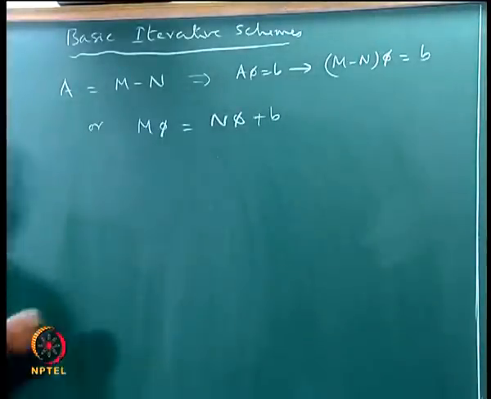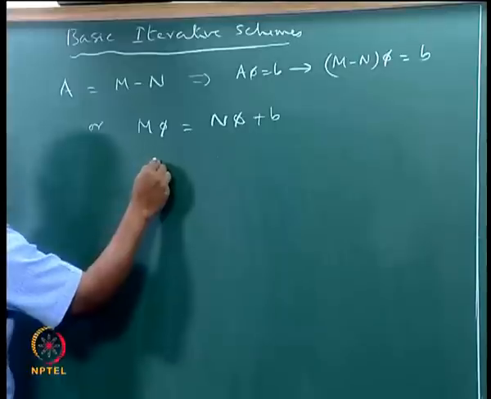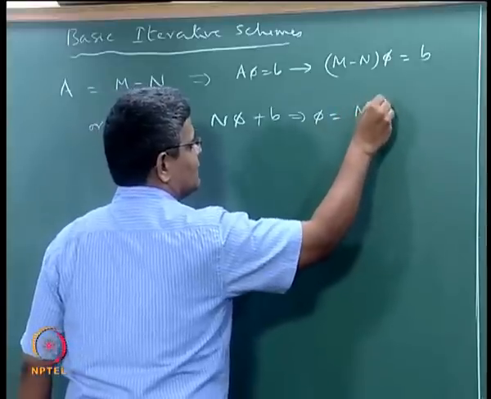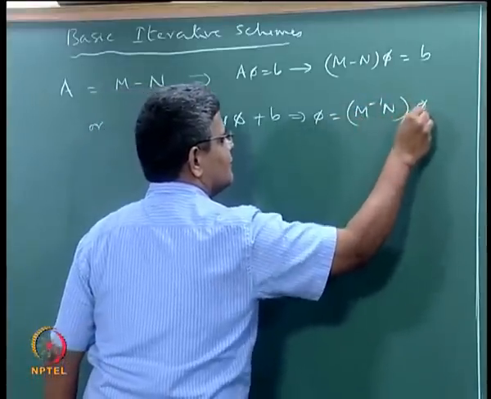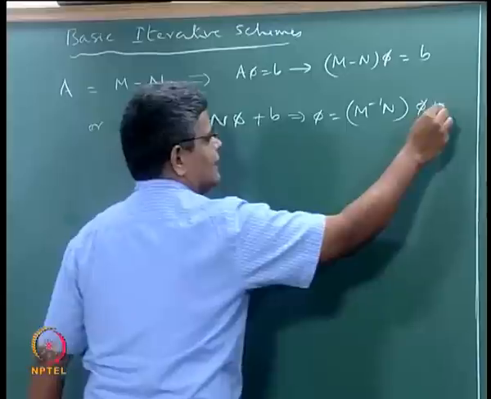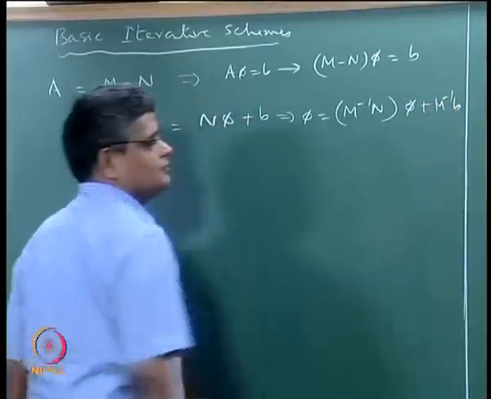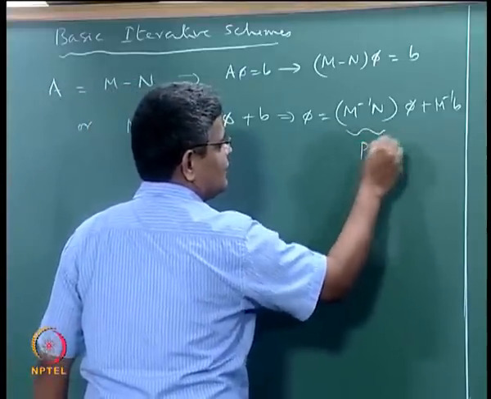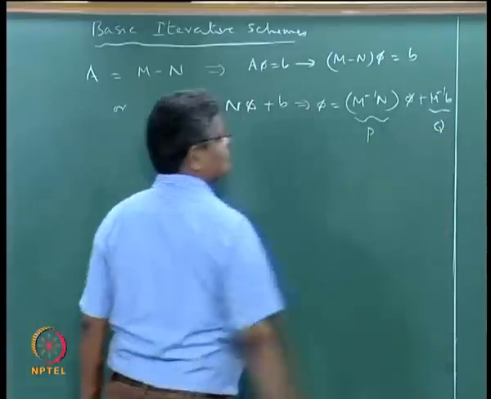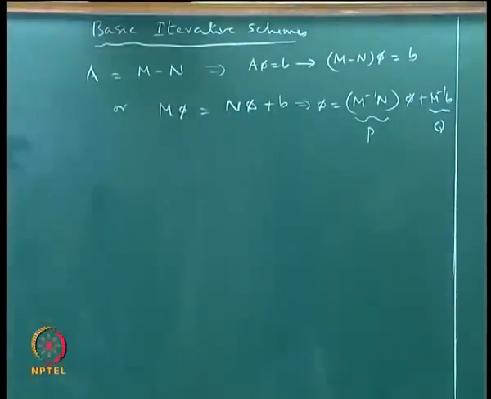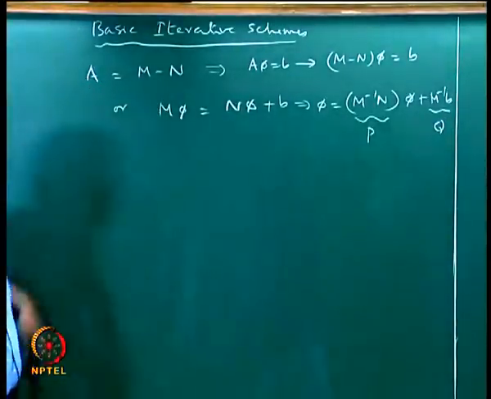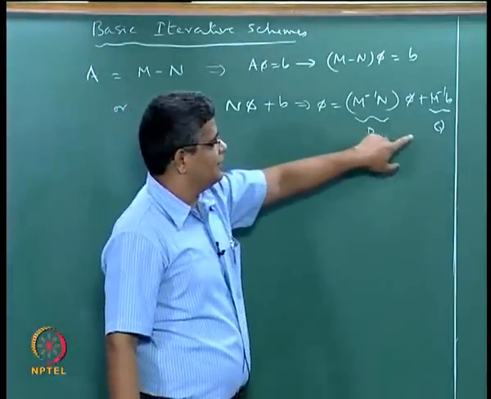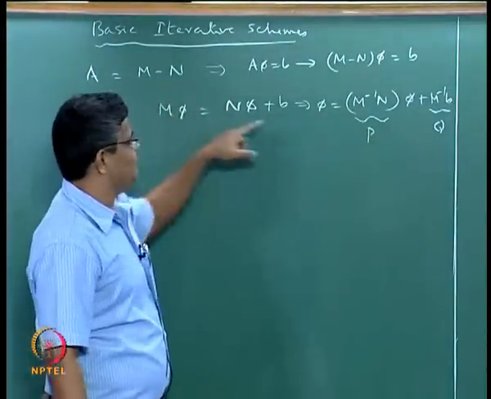From this we can also write this as phi equal to M inverse N phi plus M inverse B. So this becomes our P and this becomes our Q. When we decompose A into M minus N, we have it like this. Typically we do not construct P and Q like this because that involves finding M inverse.